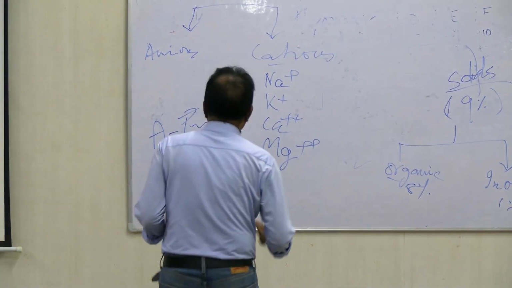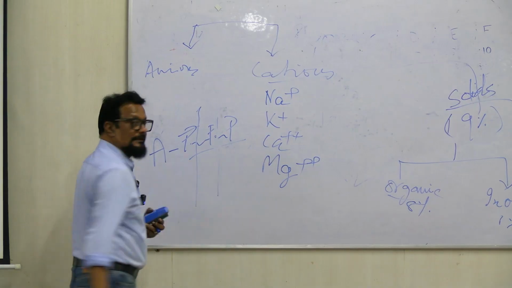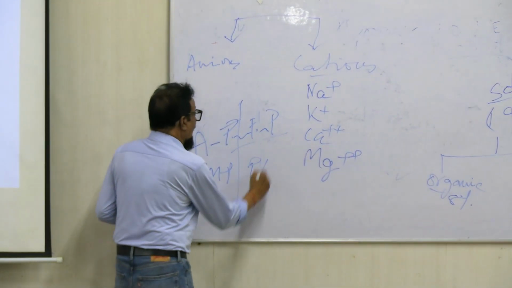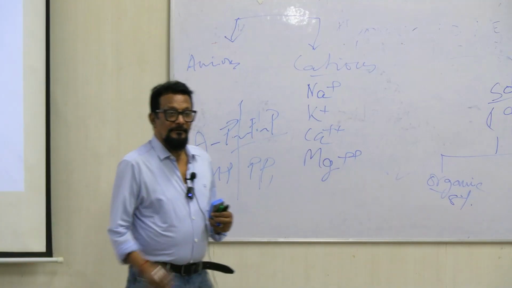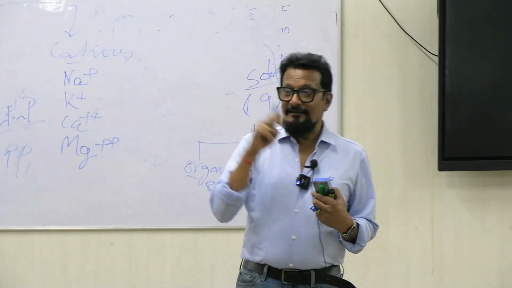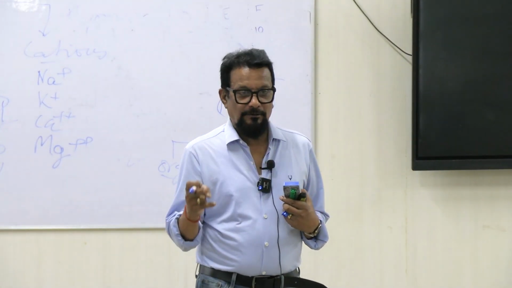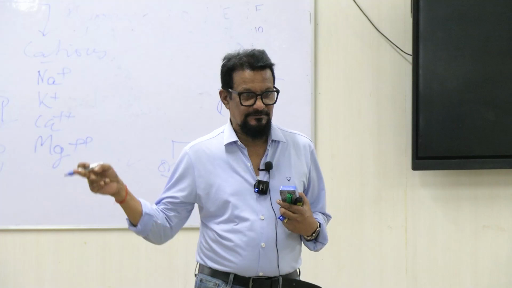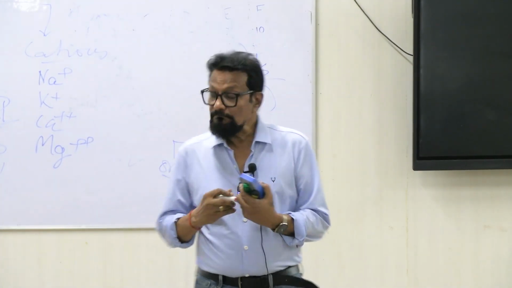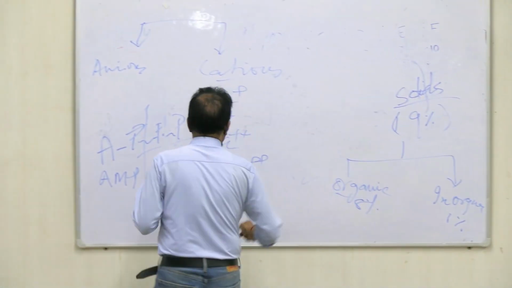Sometimes the breakdown is such that AMP and pyrophosphate are formed. You will find in many reactions in metabolic pathways that ATP is broken down, AMP is formed, and pyrophosphate is formed. So that's why magnesium is important.